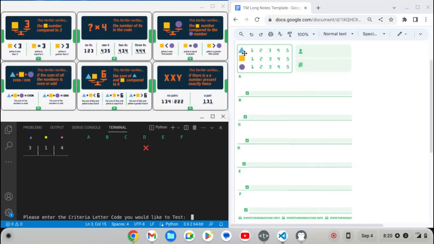And again, that's triangle plus square plus circle should be an odd quantity.